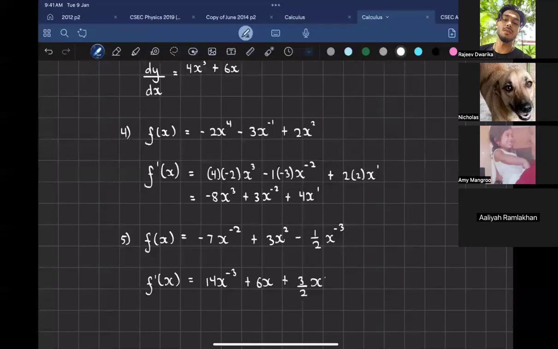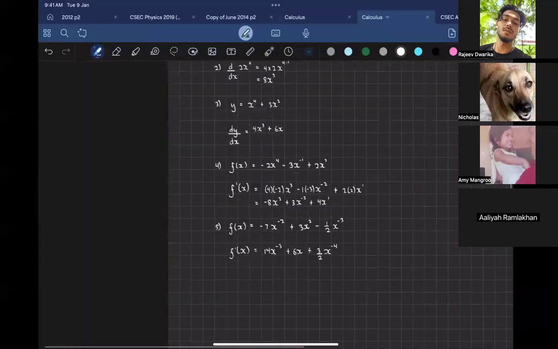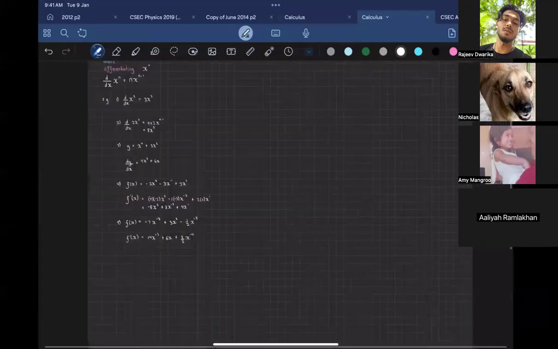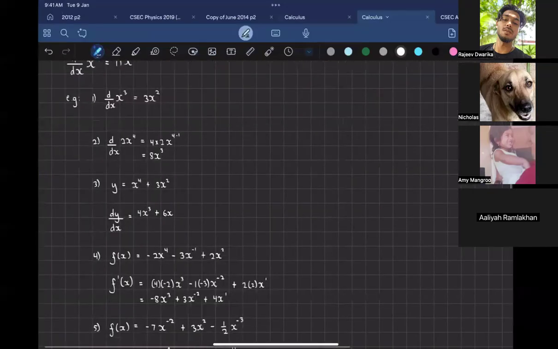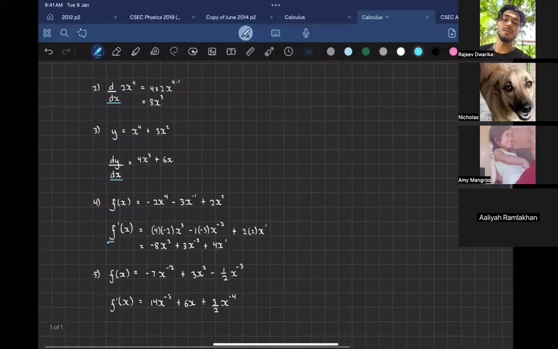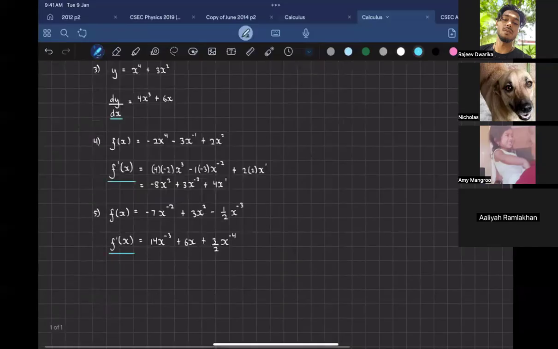Minus 4. Okay, cool. So now that you all see different ways they could ask the question, they could say d dx, you might have to write dy dx, f prime x.